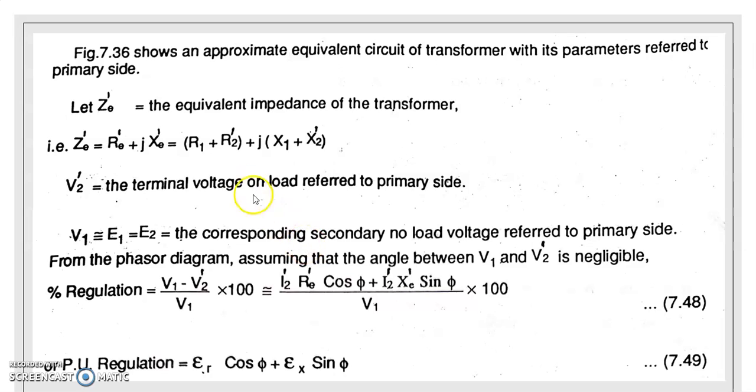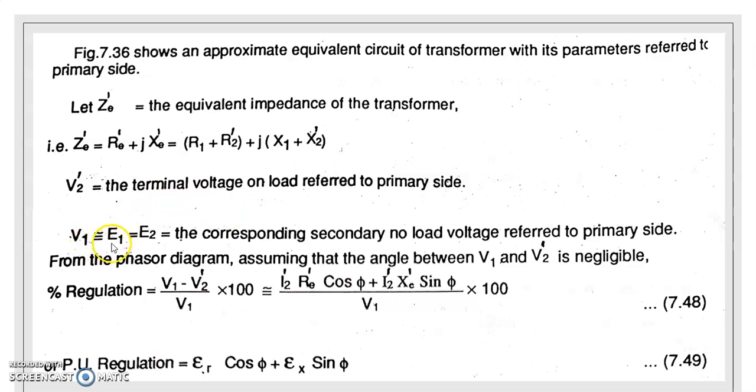Now Ze is the equivalent impedance of the transformer, and Ze dash is equal to Re dash plus jXe dash, where Re dash is R1 plus R2 dash, and Xe dash is X1 plus X2 dash. V2 dash is the terminal voltage on load referred to the primary side.